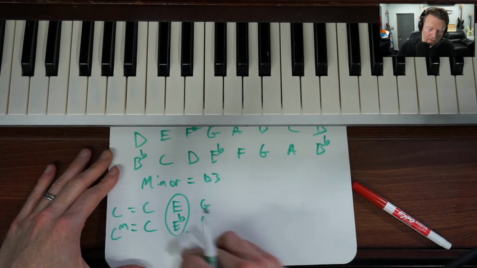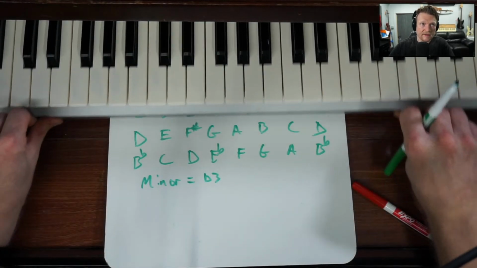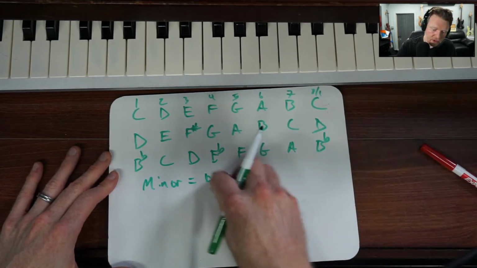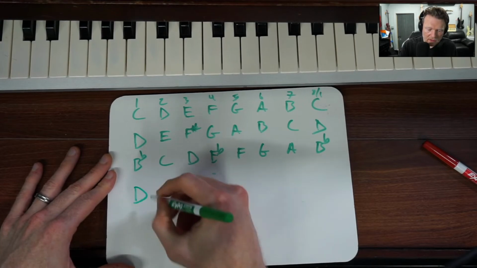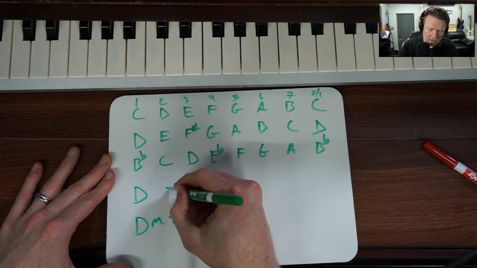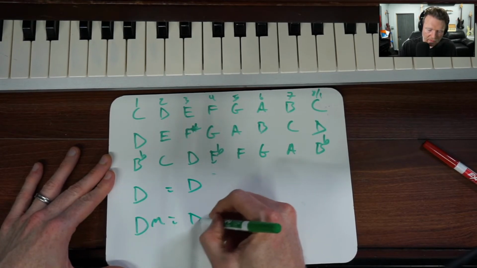Okay. Let's give a couple more examples just to be good with these. Let me scoot that back a little bit. All right. So let's do it in D. Let's say our D chord and then our D minor chord. D minor versus D. So 1, 3, 5, we're going to have D. It's going to be the same in both of them. There's our 1.